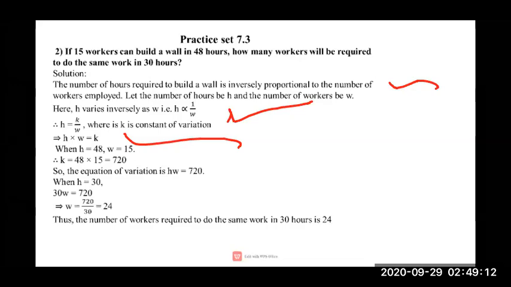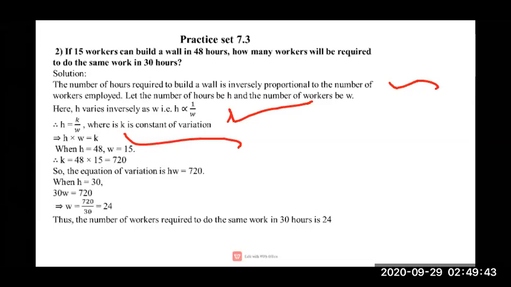Now we got the constant as 720, so we put the values in the sum for what they ask. When h equals 30, that is hours is given as 30, they ask for w. The formula is h into w equal to 720, so 30 multiplied by w.